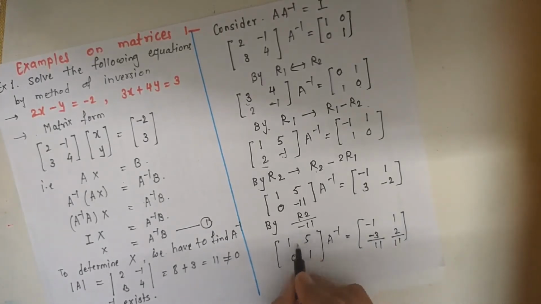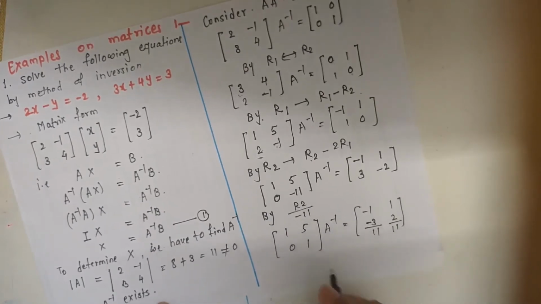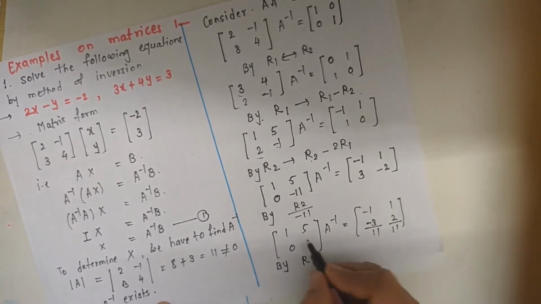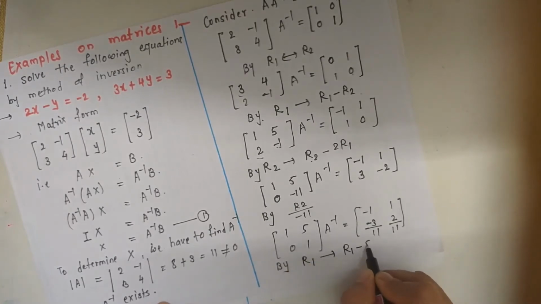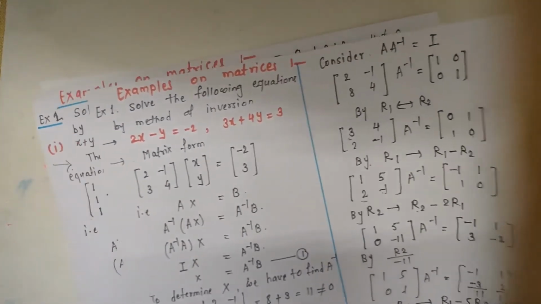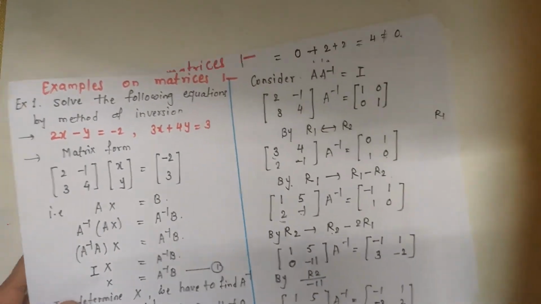Now the last transformation is for this last element. So for reducing this 5 to 0, we have to apply R1: 5 belongs to the R1 element, so applying on R1 such that R1 minus 5 into the R2 element. Applying this transformation, 5 will become 0.